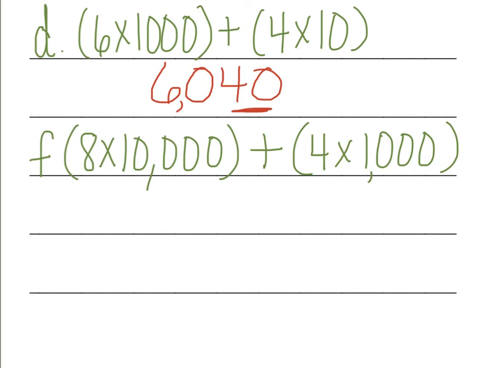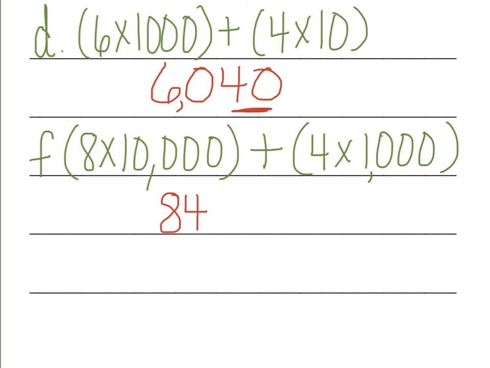And the last one, notice I skipped E. We're going to do this one. Go ahead and write it out in standard form. In this case, I have 80,000, because 8 times 10,000, 4 times 1,000.